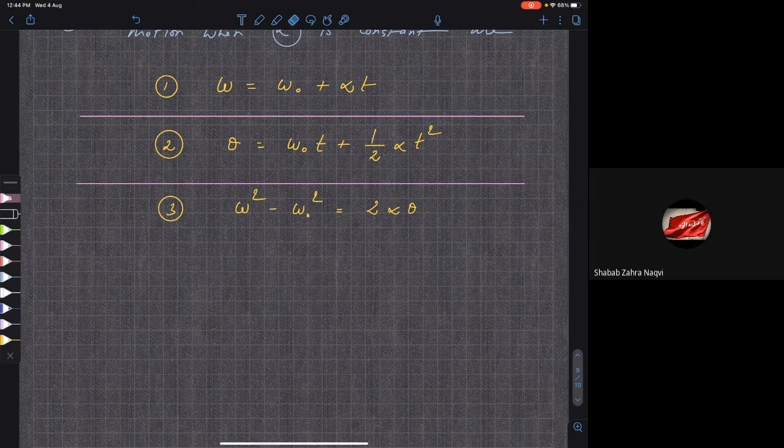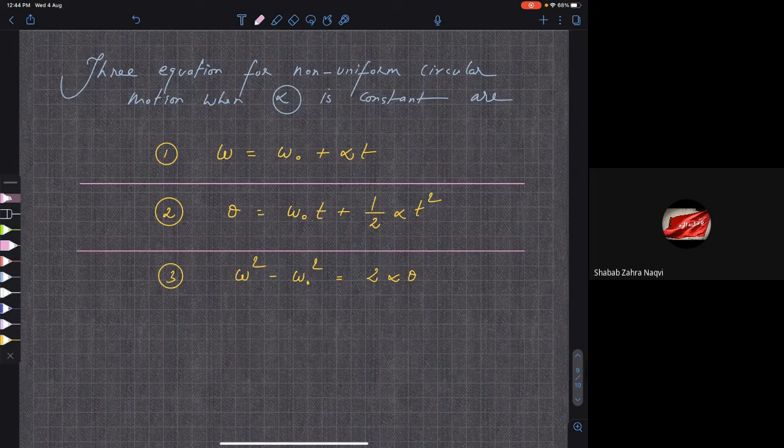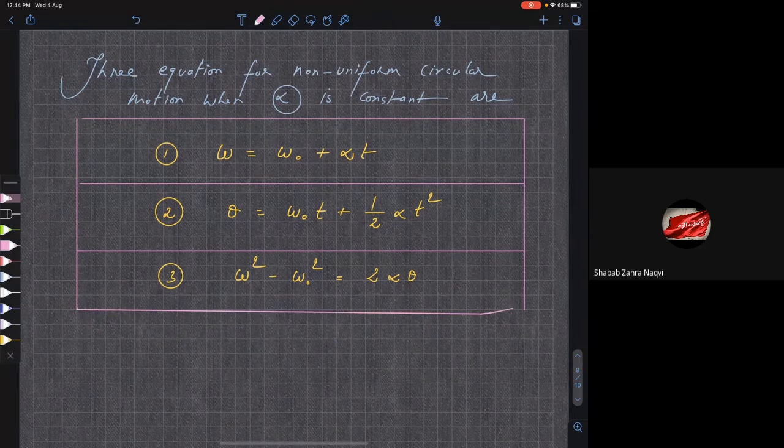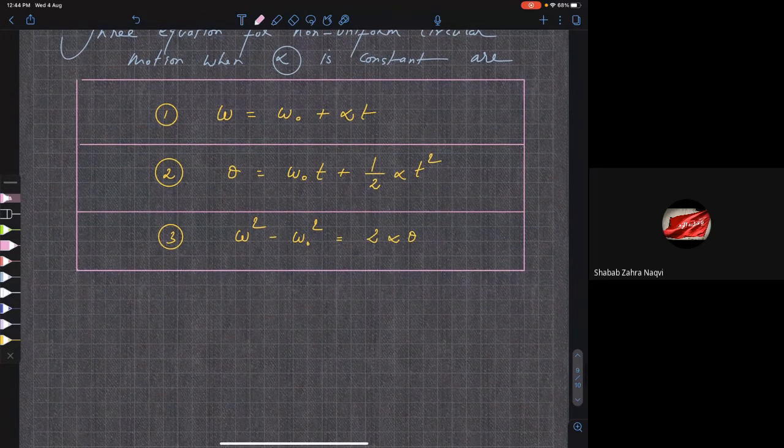Clear? So you have to remember this. Problems will also be exactly the same. Some parameters will be given, and he will ask you another unknown parameter. Whichever equation fits, you just use it.